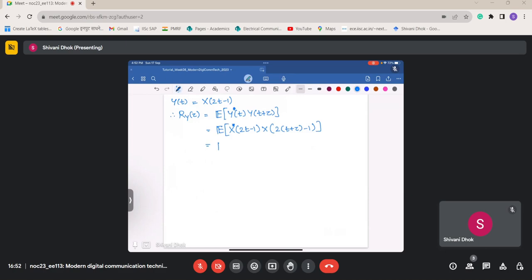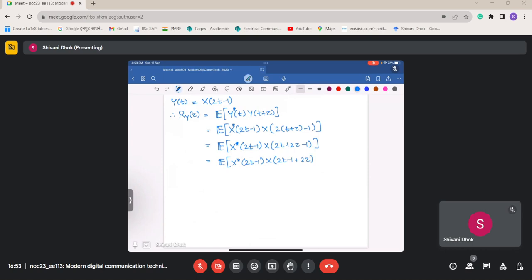This comes out to be expectation of x conjugate 2t minus 1 into x of 2t plus 2 tau minus 1. I'll just rearrange the second term. So this is equal to expectation x conjugate of 2t minus 1 into x of 2t minus 1 plus 2 tau.